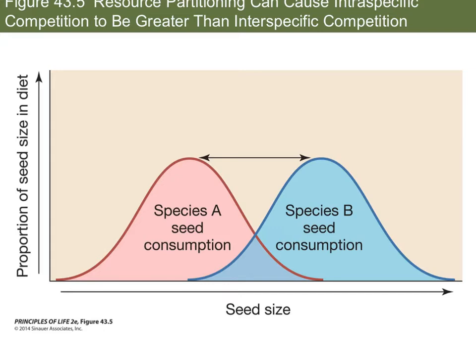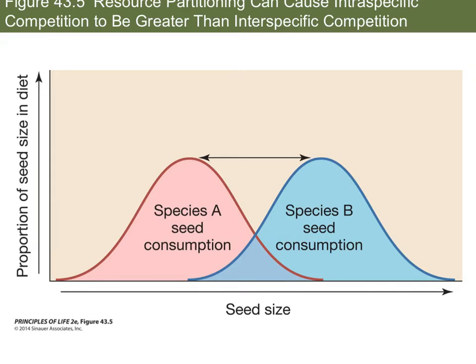Typically, when you see resource partitioning, there is some overlap in what the different species share, but the organisms that are going to be successful, the ones with the highest fitness, are the ones that can also consume some other resources besides the one that is shared. Because this is such a limited amount, if these two species only had this area right here, their population wouldn't grow very big.